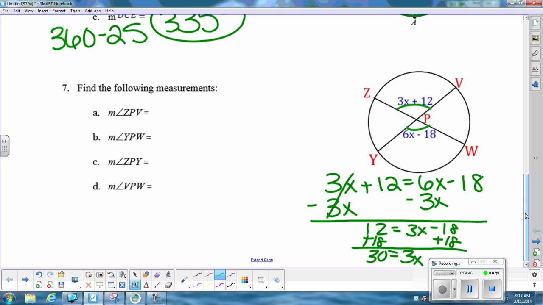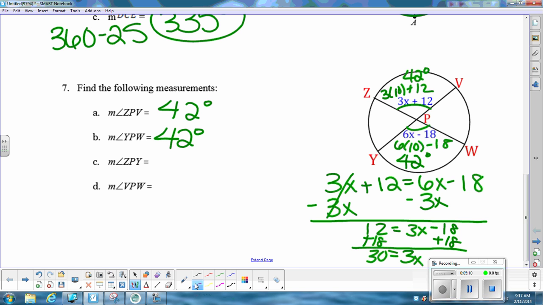So we get x is 10, so we plug it in. 3 times 10 plus 12. So we have this part's 42. Just double check that it's equal. 60 minus 18. It's also 42. So angle ZPV is 42 degrees, and angle YPW is also 42 degrees.